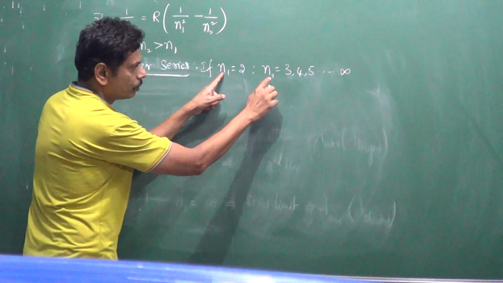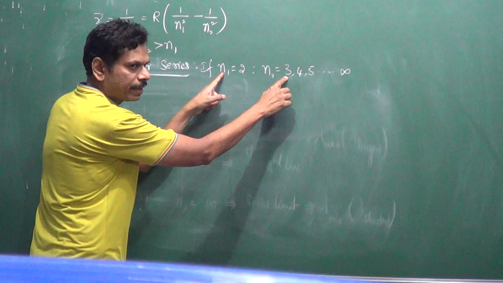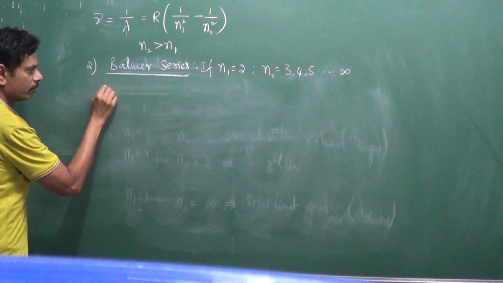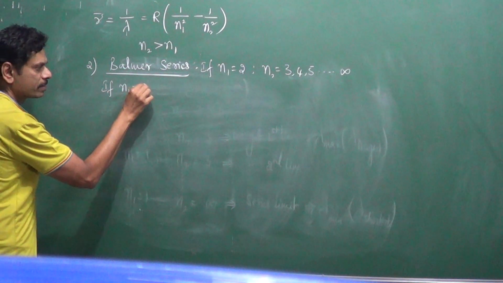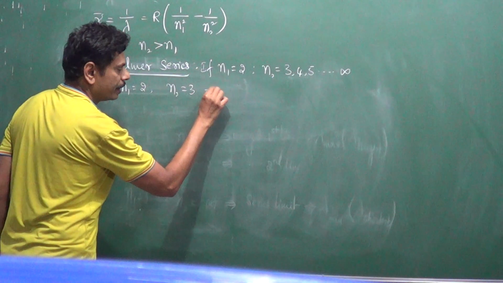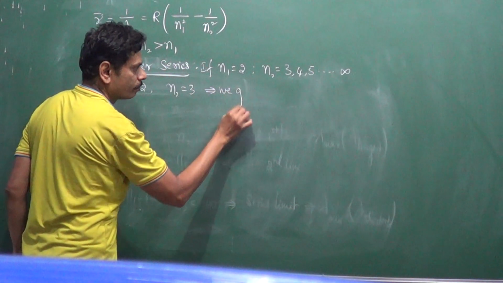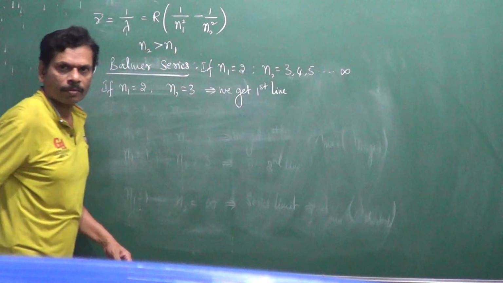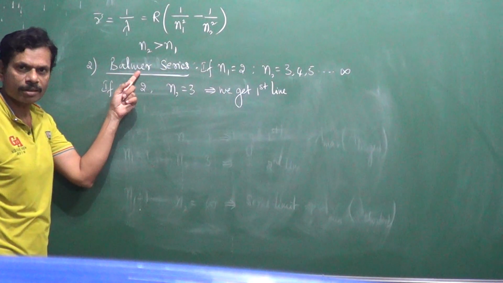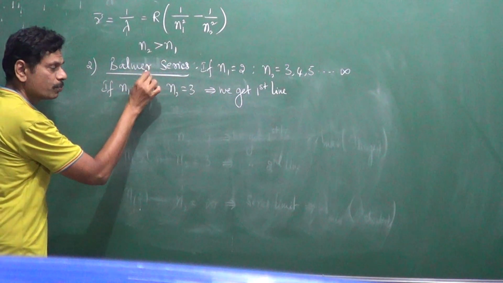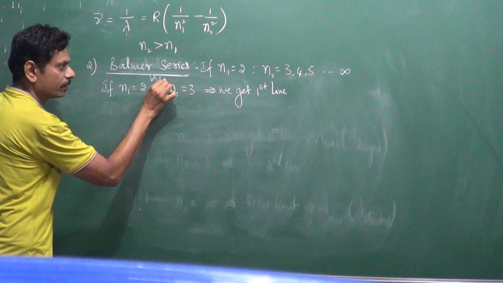If n1 is equal to 2 and n2 is equal to 3, we get the first line of the Balmer series. And don't forget, this is the only series which is present in the visible region.